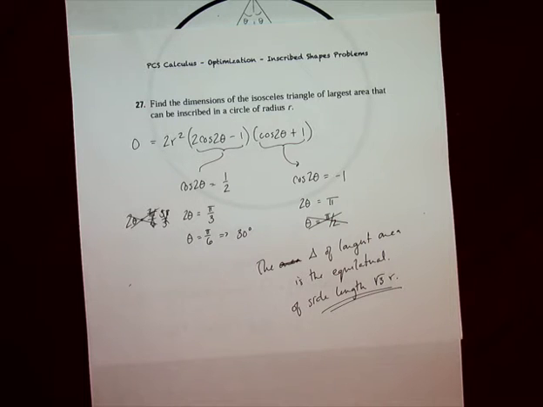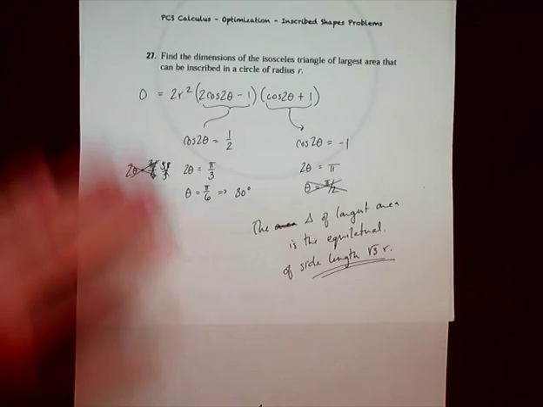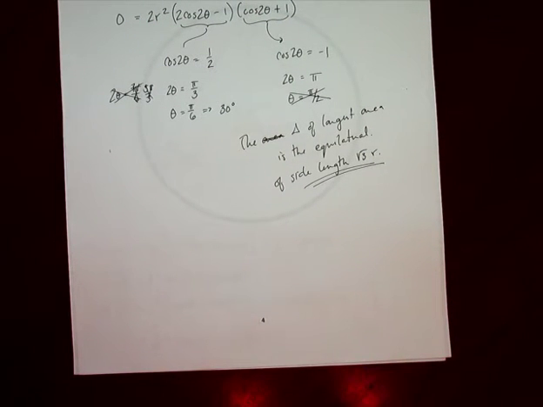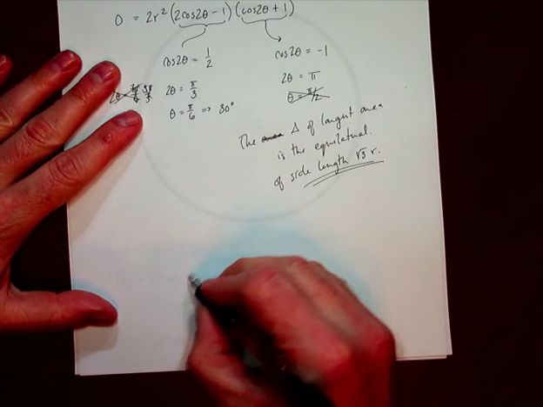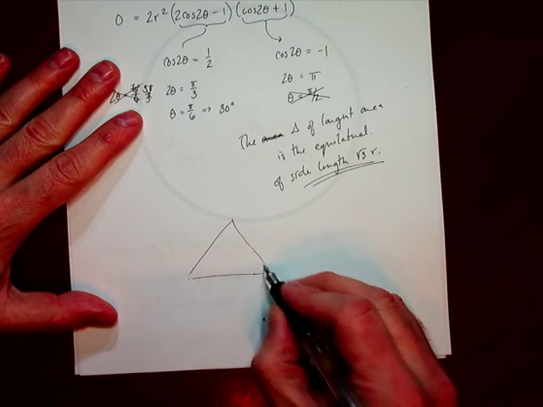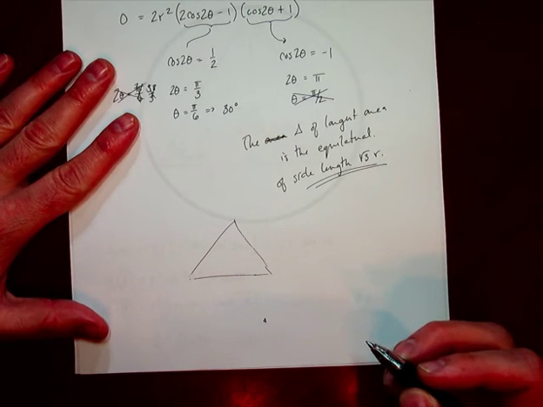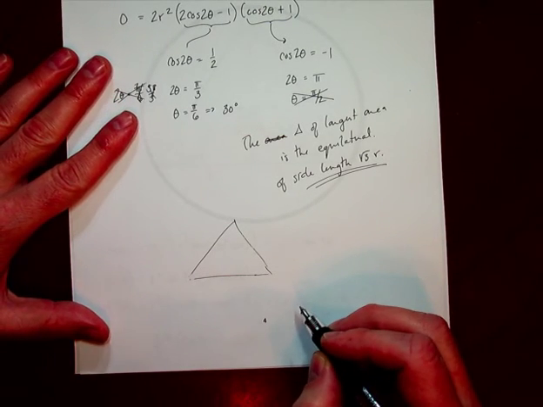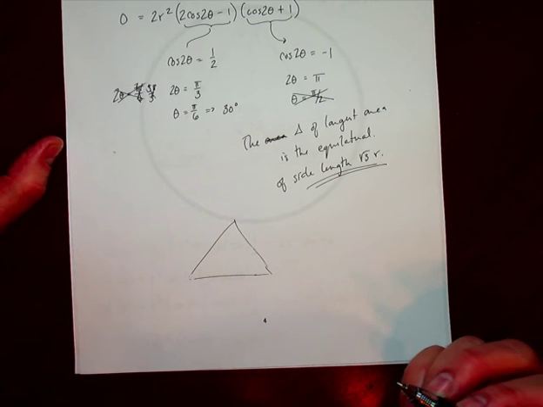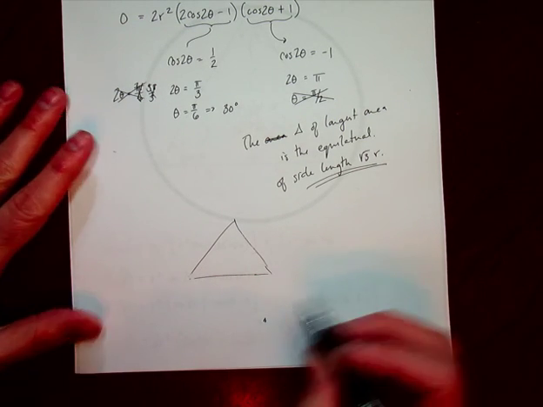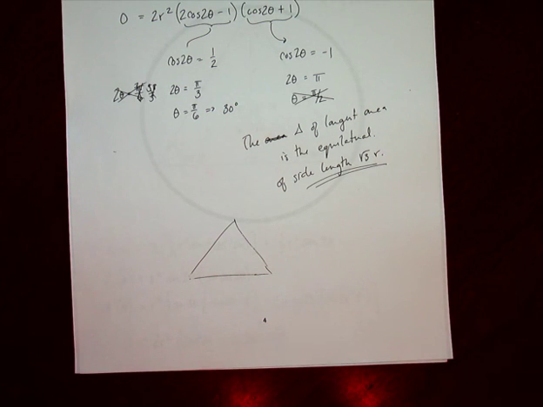You would have to redraw the triangle like this, designate an x, and use the law of cosines. How did I do that the first time? Let's see. I actually don't know. I'll show you in class if you really want to see it.